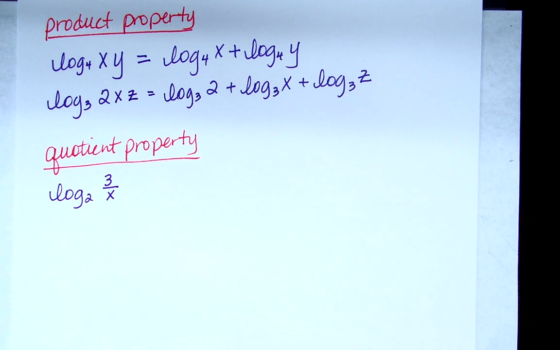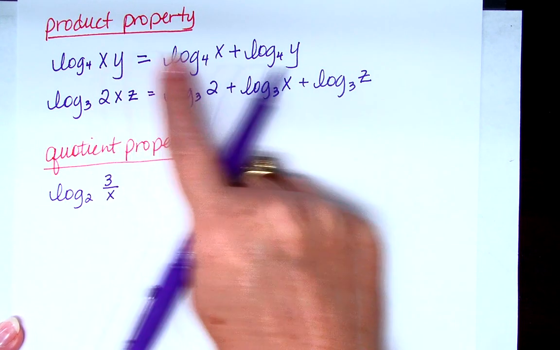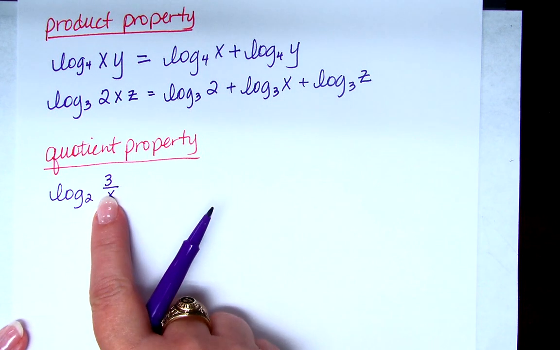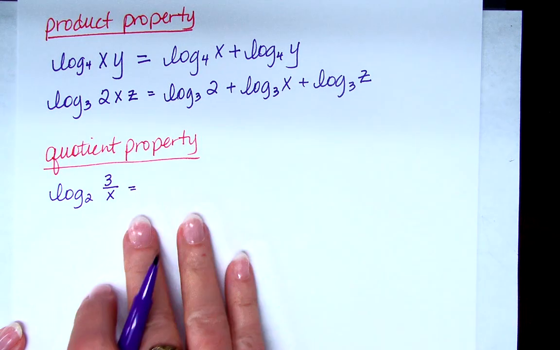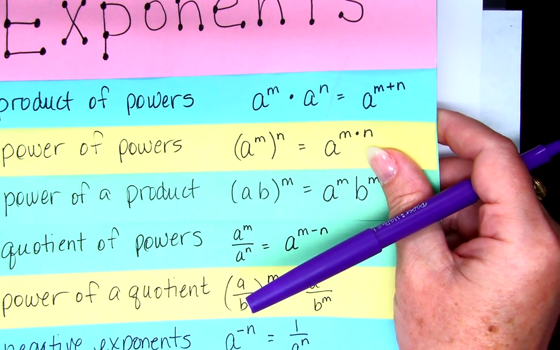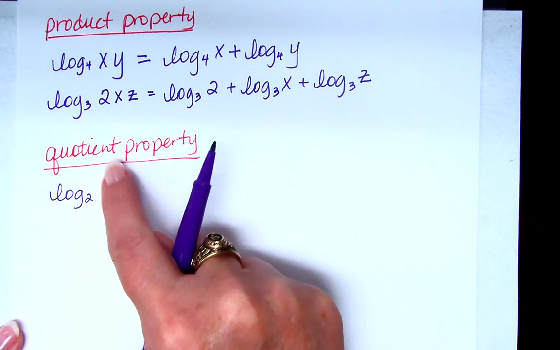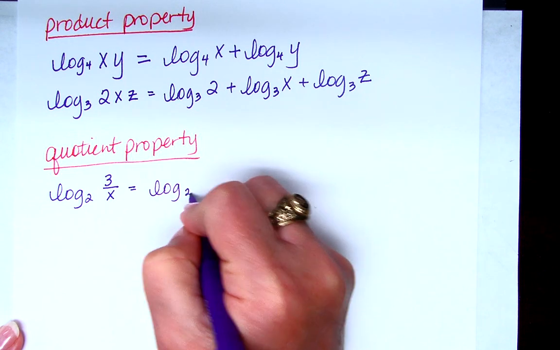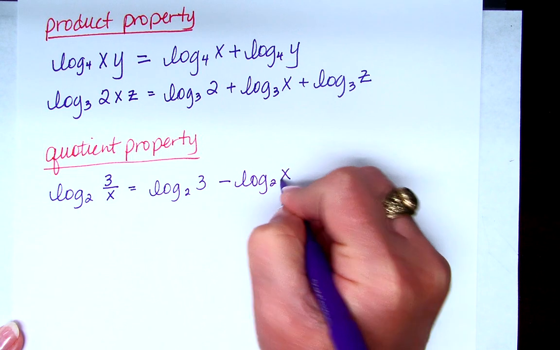Knowing what you know about the product property, when things are multiplied inside the log and we expand and add them, what do you think we're going to do if I'm dividing inside the log? Subtract them. And I didn't even have to tell you, did I? You knew it, even though this is brand new to you, because you know the properties of exponents. So how many times are we going to write log? Twice, one for the 3 and one for the x. So we're going to write log base 2 of 3 minus log base 2 of x.